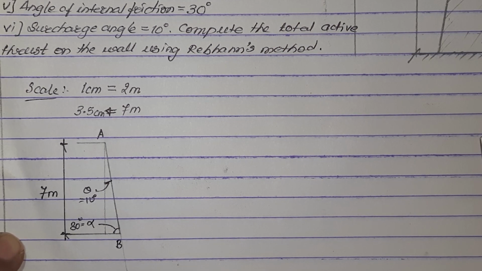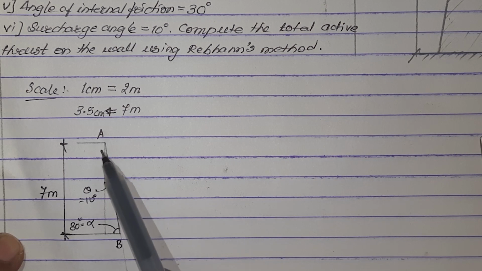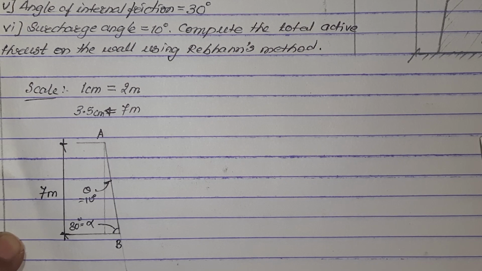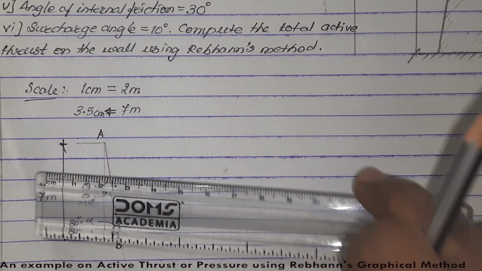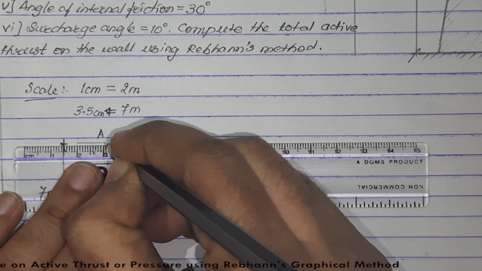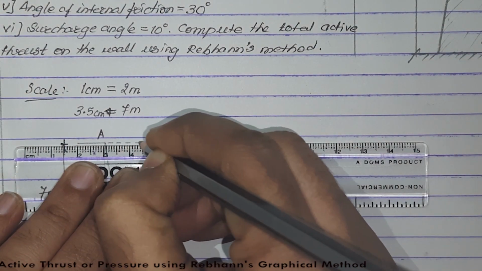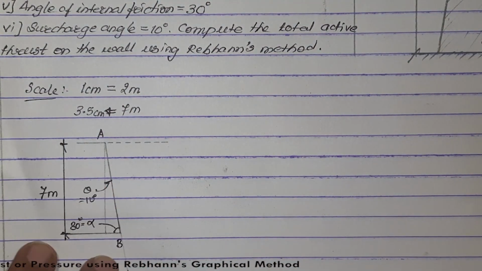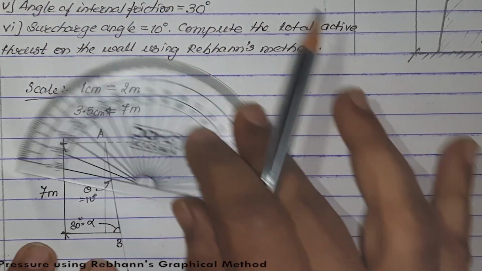Alright, now next job is to show the ground surface passing through the crest. Let us draw it. The ground surface is inclined at 10 degree. Angle of surcharge is mentioned. So this is the horizontal line passing through the crest. To this line, ground surface is 10 degree inclined.